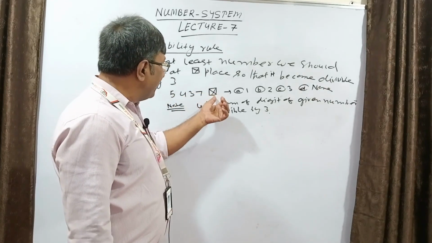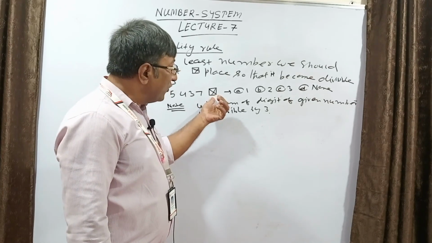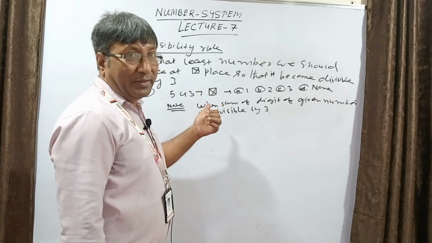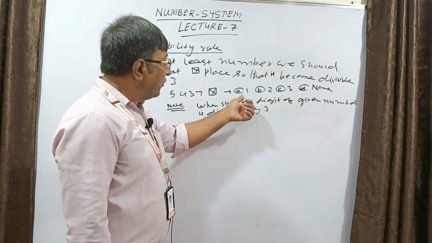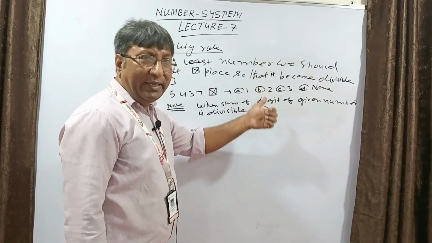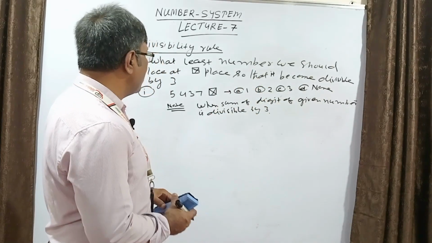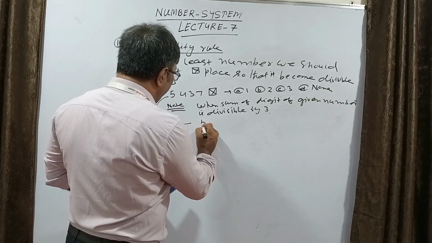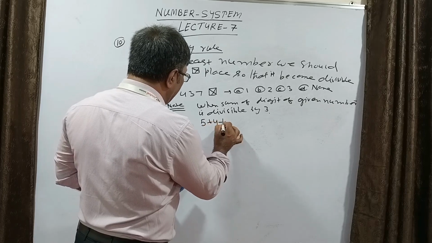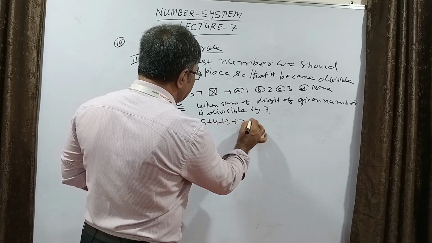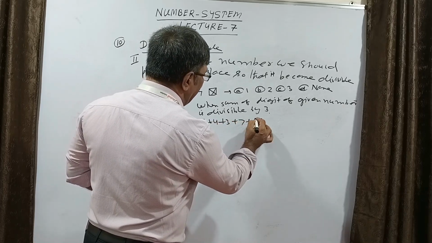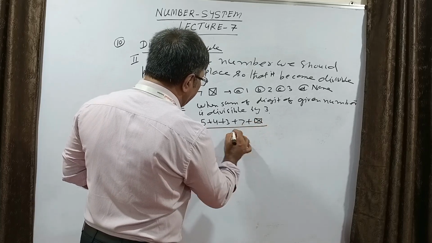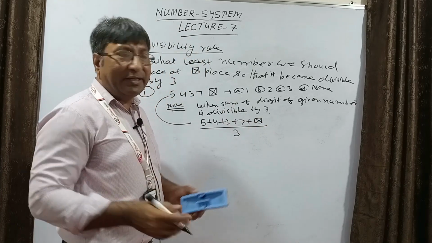What number should we place here so that it is divisible by 3? The options given are 1, 2, 3 and 9. For this type of question the technique is: first you add the digits. So 5 plus 4 plus 3 plus 7 plus the star place, and this should be divisible by 3.